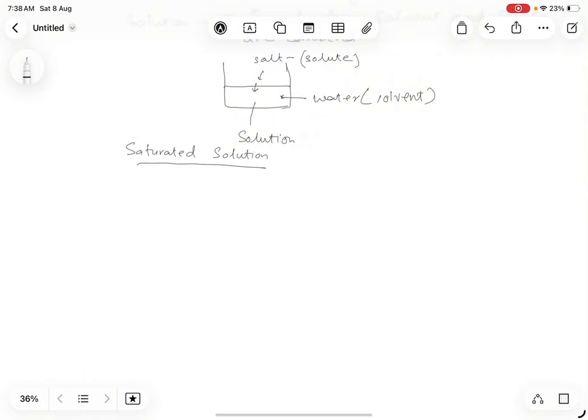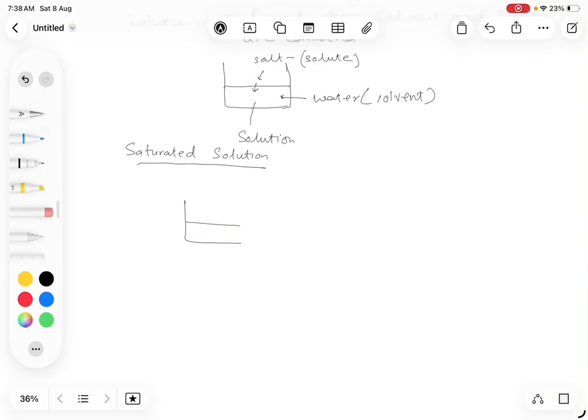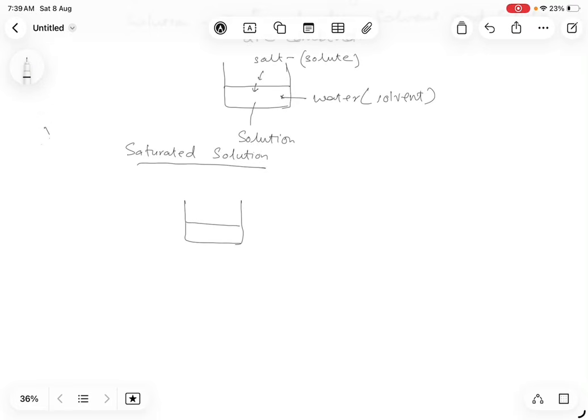So let's suppose I add some water into this beaker, and along with water I add a few spoons of salt as well.